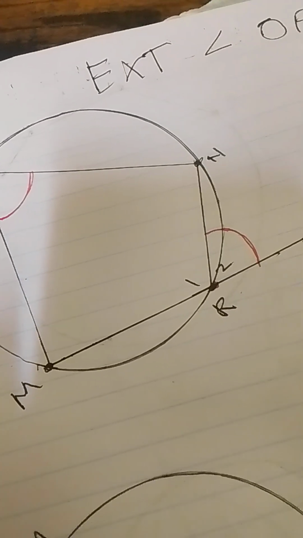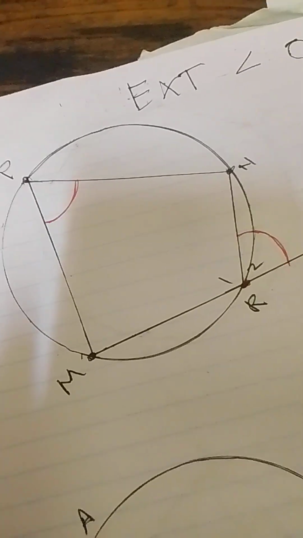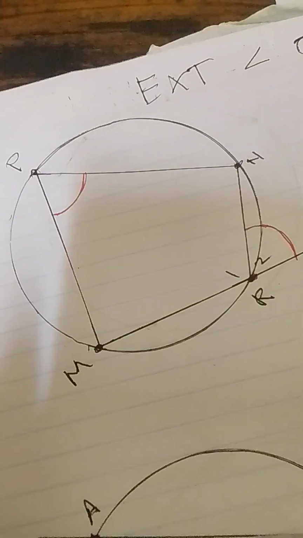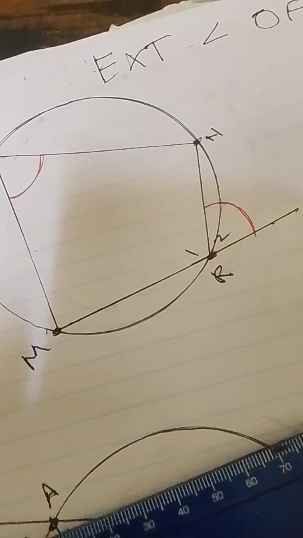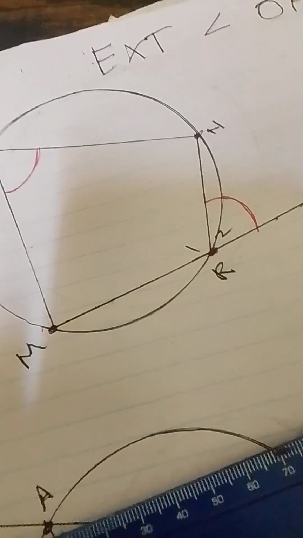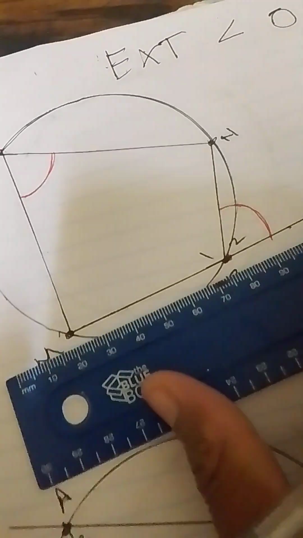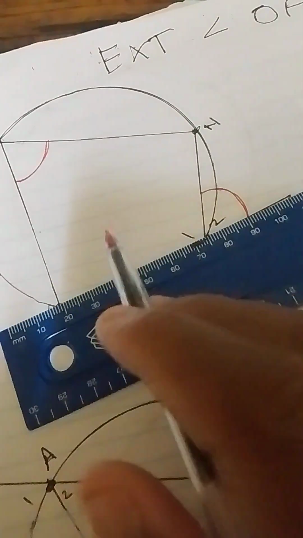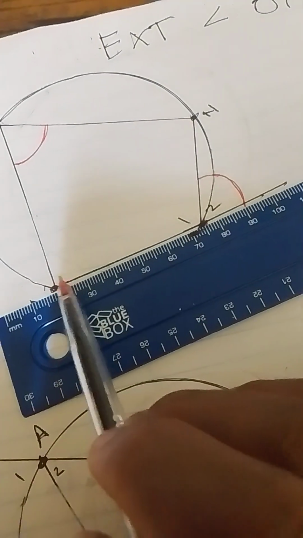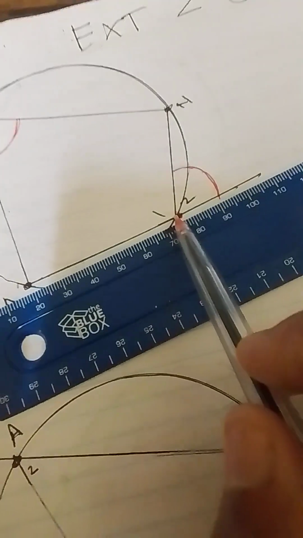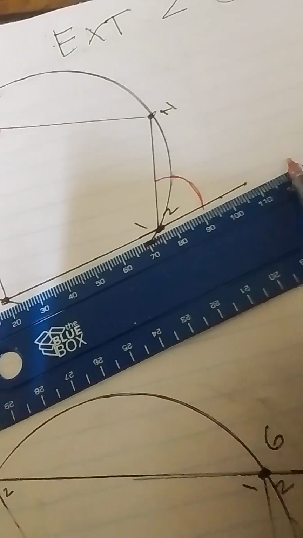But for you to have this theorem, there must be a side of a cyclic quad that extends outside of the circle. For example, you see side MR. Side MR starts from here, and then it never stops here, but it extends outside.